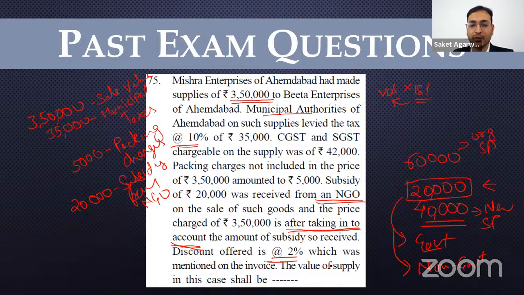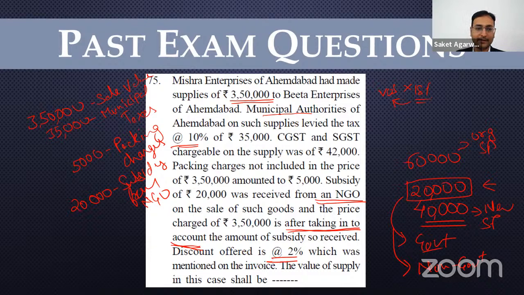That is always the assumption because the seller, before coming to us as tax consultants, had already raised the invoice for 3,50,000. And he had already calculated how much discount he wants to give to his buyer. So he would have thought of something and then put 2%, because he is ready to let go of only so much money. Keeping that in mind, we will also calculate discount on 3,50,000 rupees.